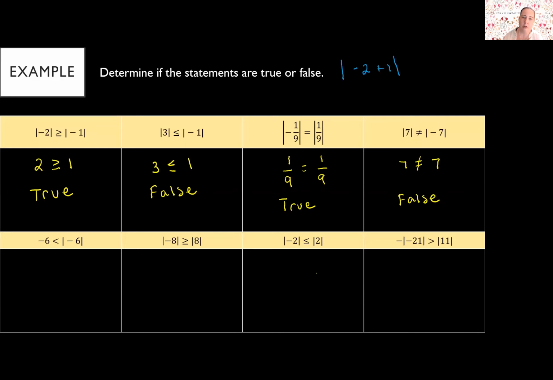When you have more than one thing inside an absolute value, you need to simplify inside and get a single number first before you do the absolute value, because the absolute value only works on a single number. It doesn't work if you have more than one thing inside there.